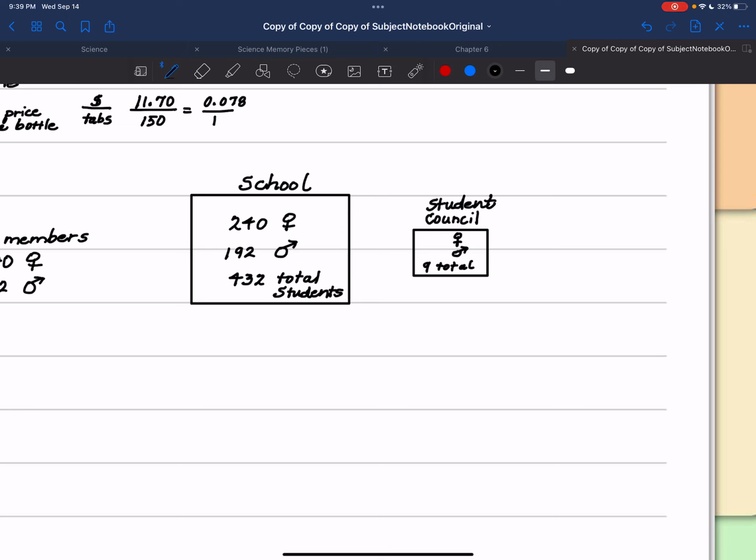So let's think about what that's saying. The ratio of girls to boys, let's go ahead and write a ratio. So here we have 240 girls to 192 boys.